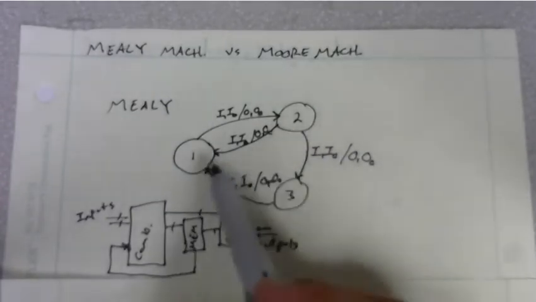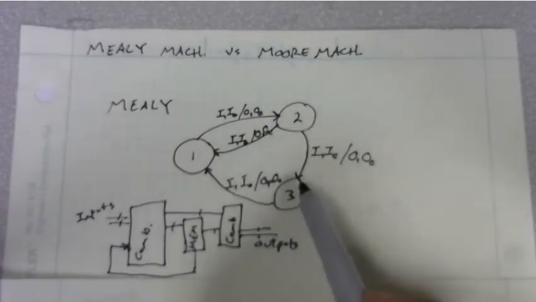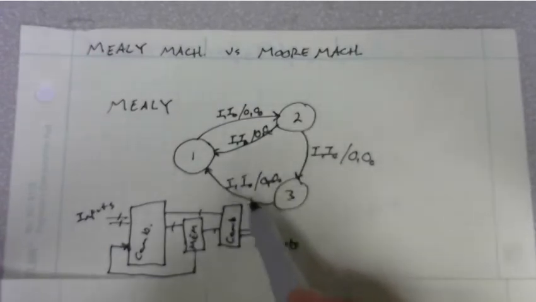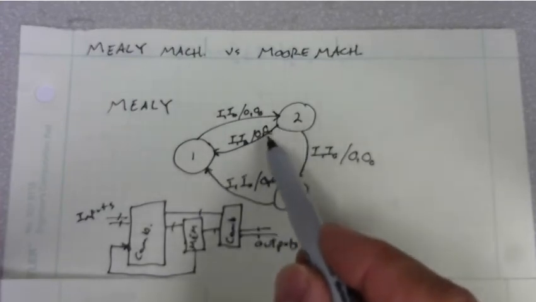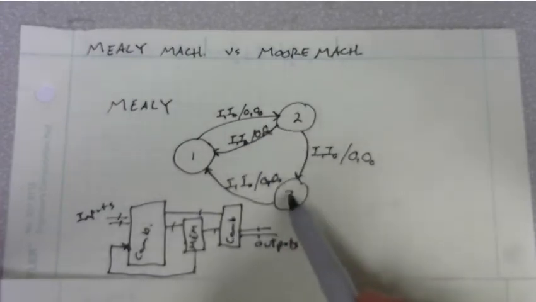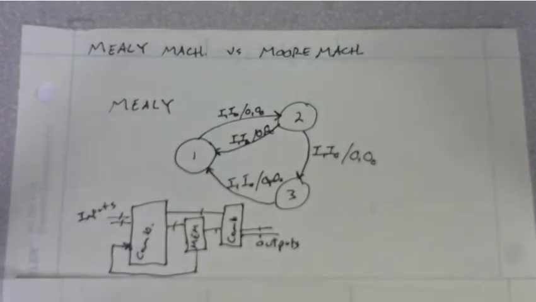So it matters how I leave that state. Also, it matters how you get to that state. For instance, if you get to state 1 from state 2, you might have one set of outputs, but if you get to state 1 from state 3, you'll have a different set of outputs. So they're different. And that is what a Mealy machine does.